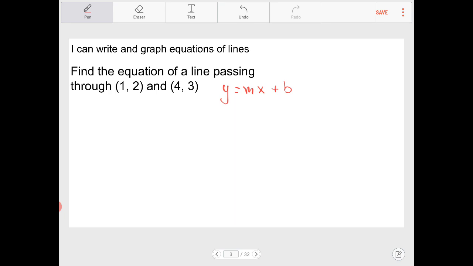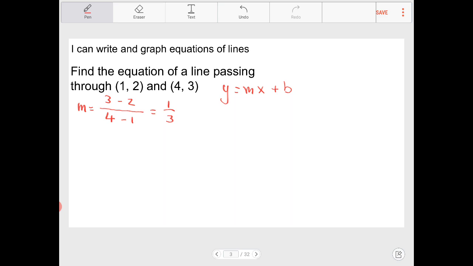So this is the approach. We need to solve for the slope. And we are fluent in doing that because we had gone through the last lesson. This is now going to be 3 minus 2 all over 4 minus 1. And this is going to turn into 1/3. So that's our slope.